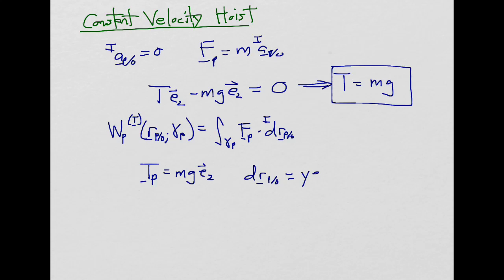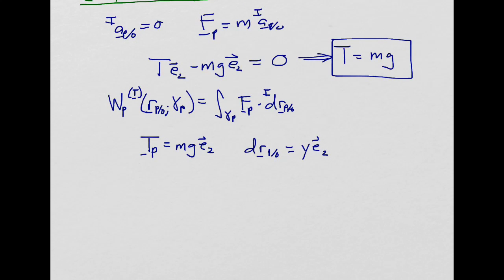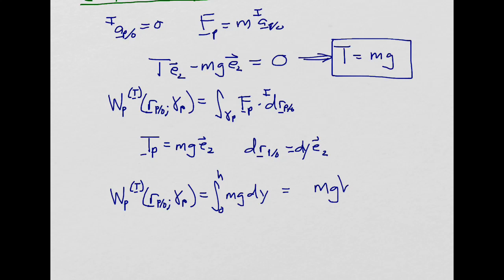That's going to be dy in the E2 direction. And then we put all this together. We get the integral from O to H of mg in the E2 direction dotted with dy. And this gives us the work is equal to mgh.